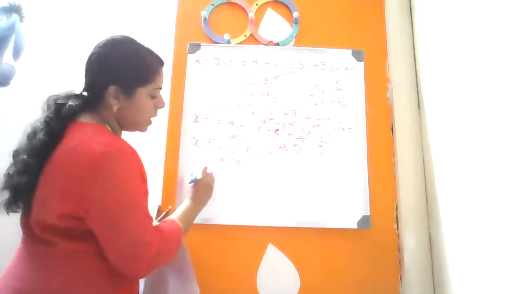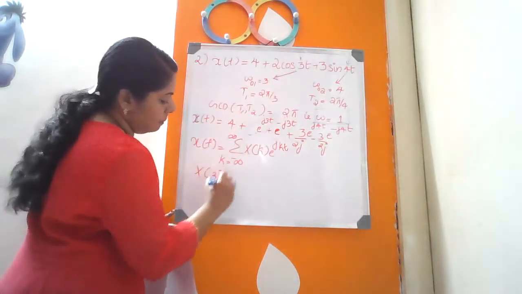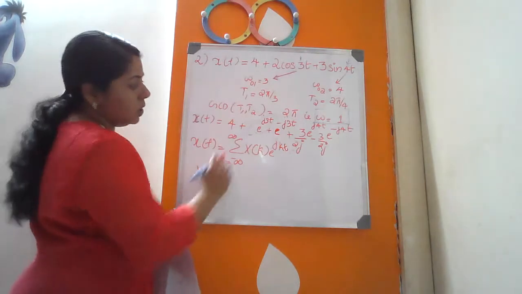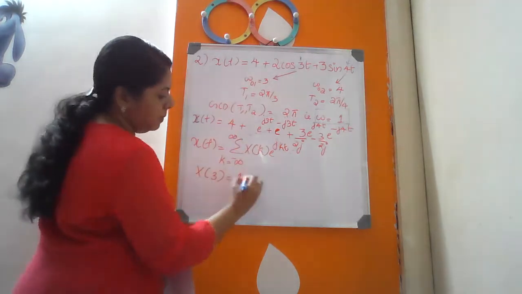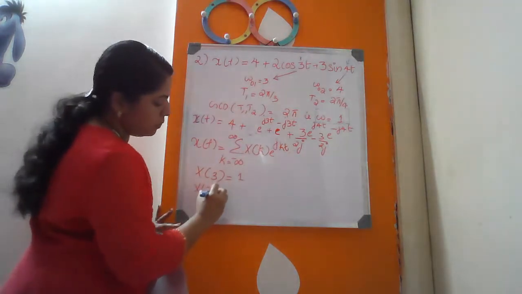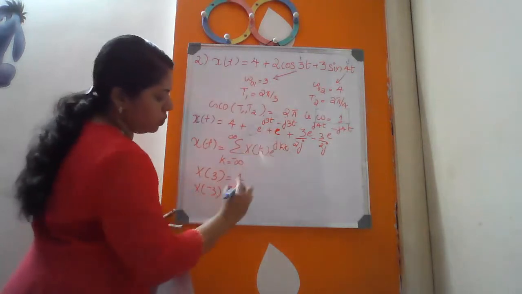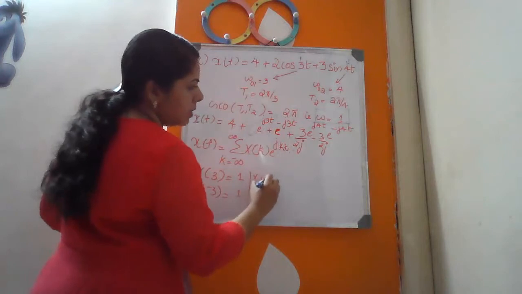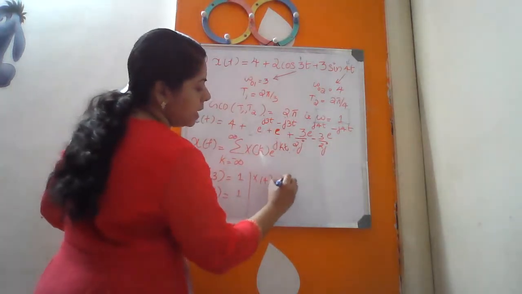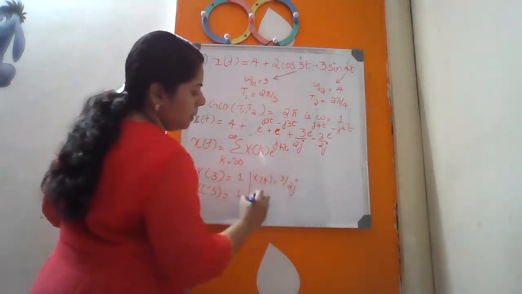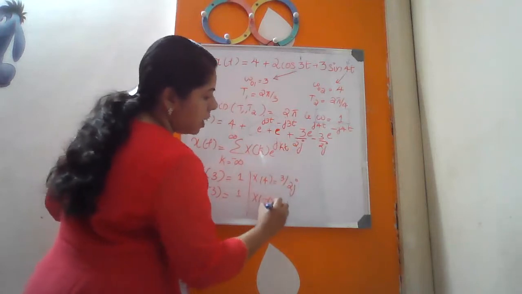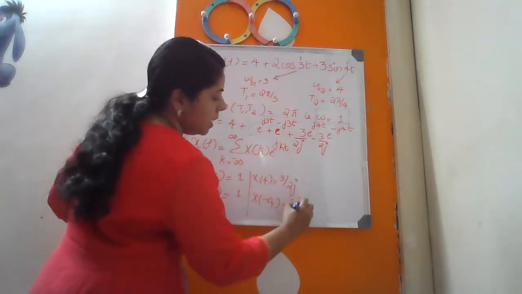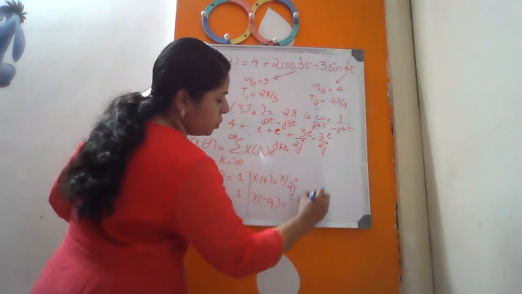That is, I can write my answer as x of 3 is 1, x of minus 3 also 1. Now I'll move to this. X of 4 is 3 by 2j. X of minus 4 is minus 3 by 2j.